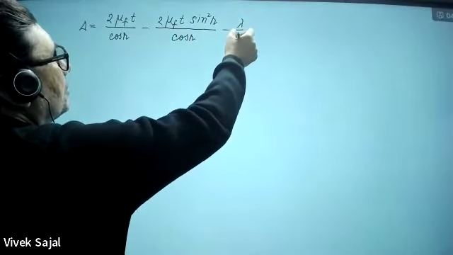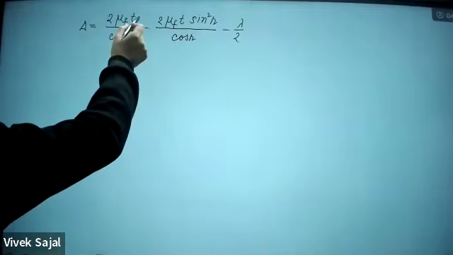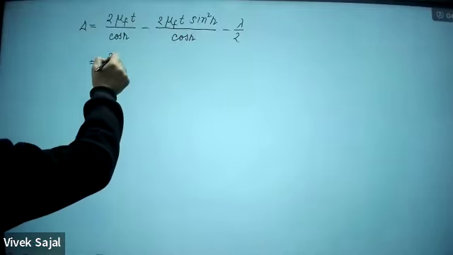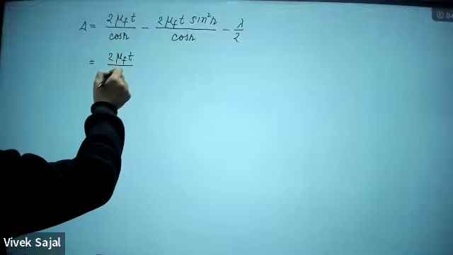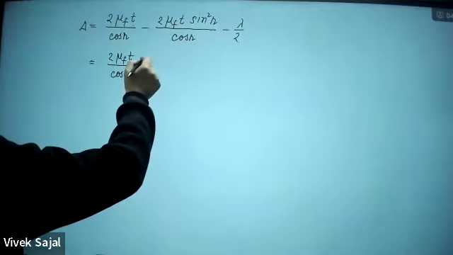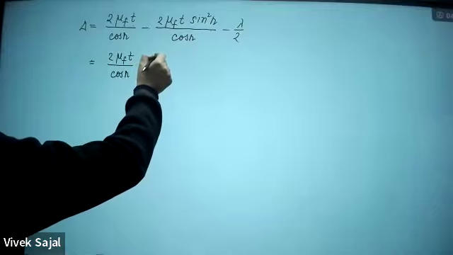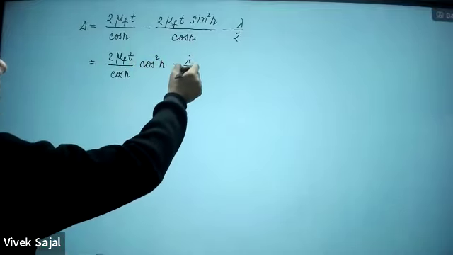If you take 2 mu f t upon cos r common, then it will be 1 minus sin square r, which is cos square r, minus lambda by 2.